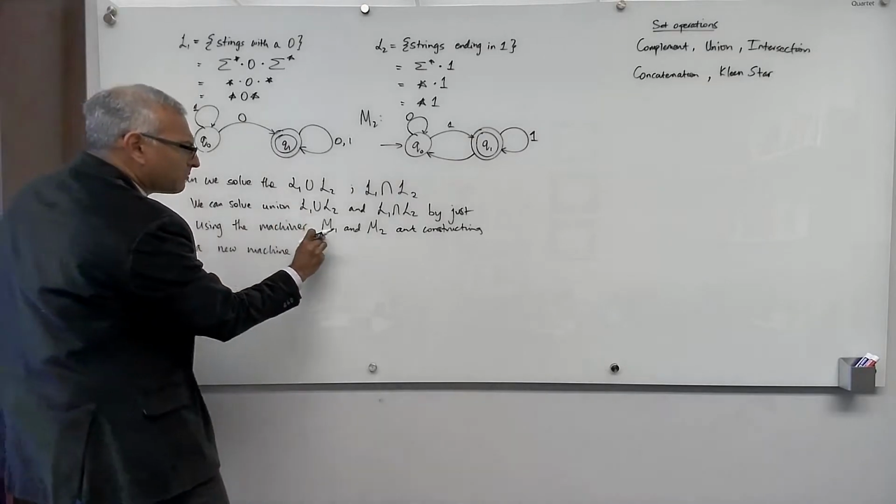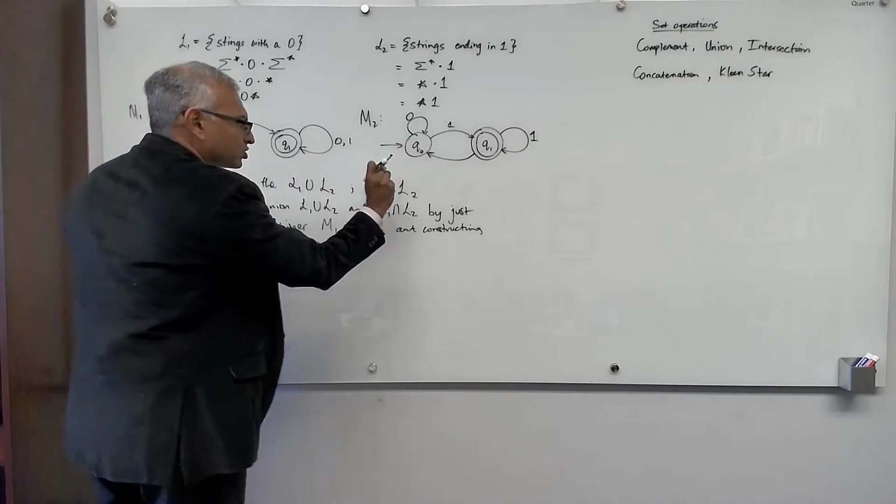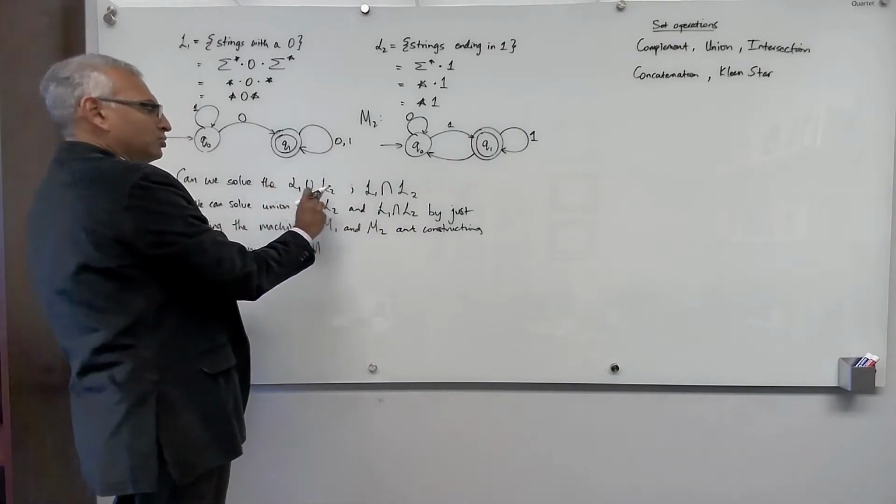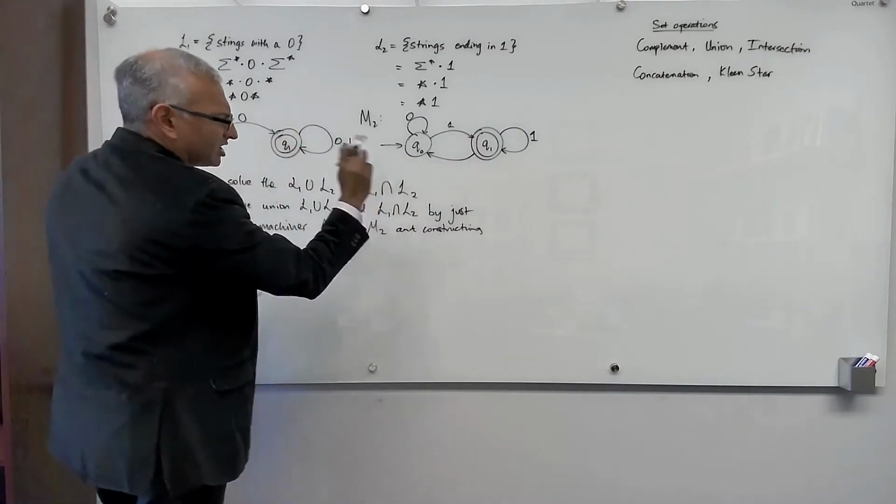All I need to know is that M1 solves L1 and M2 solves L2. Now I'm going to show you how to construct M to solve the union. The same method works to solve the intersection.